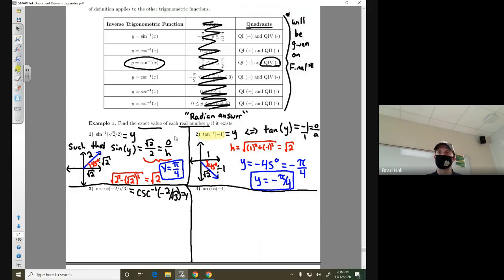I convert it to the inverse just because it matches up with our table. Our table up here doesn't have the wording of arc, but if you can make that distinction, that should be fine. But it brings us to this row right here.